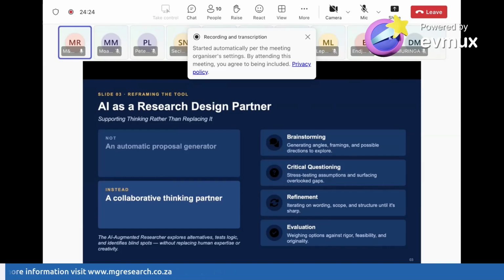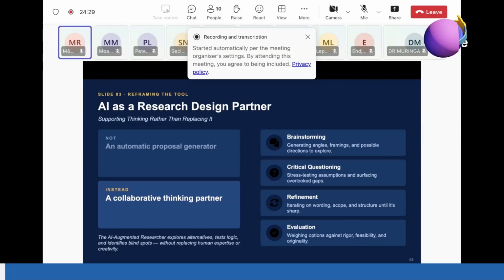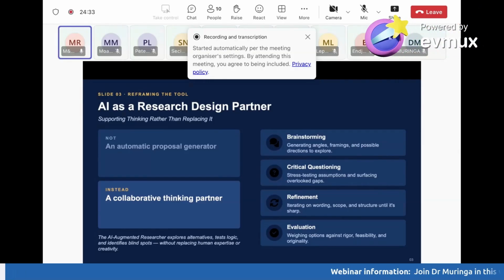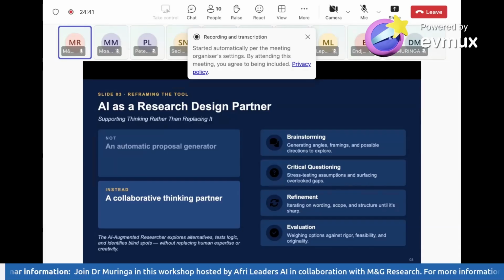So what we are saying is that in developing our research proposal, we want to bring in AI so that it can assist us to see the blind spots, to guide us to identify areas of weakness that we might otherwise not have been able to grasp, given the limitations of the human mind or the limitations of the researcher. So AI can come in there.